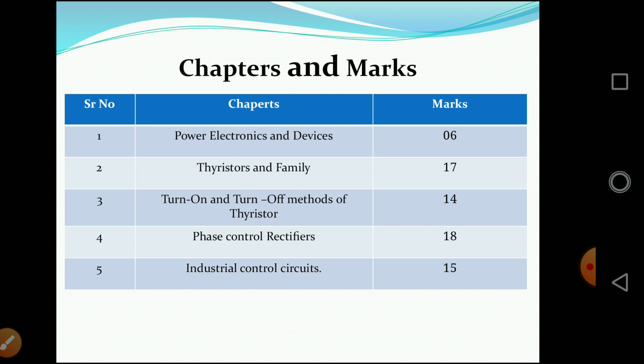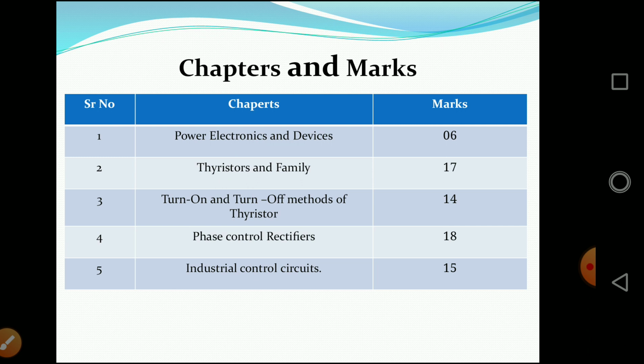Next, third is turn on and turn off methods of thyristors, which carries 14 marks. We know the meaning of thyristor; we'll get the knowledge about thyristors in the second unit. But when thyristors are used in any particular application, to operate them we need external turn on and turn off circuits along with the supply.